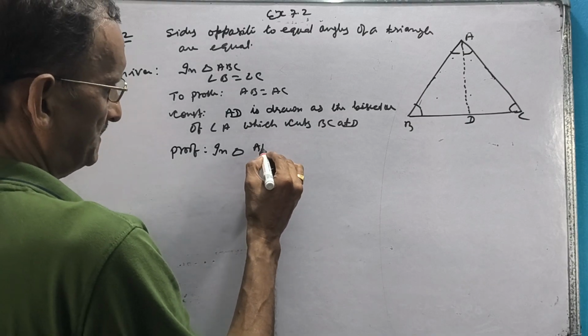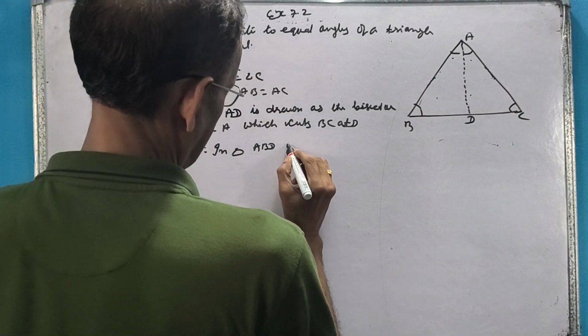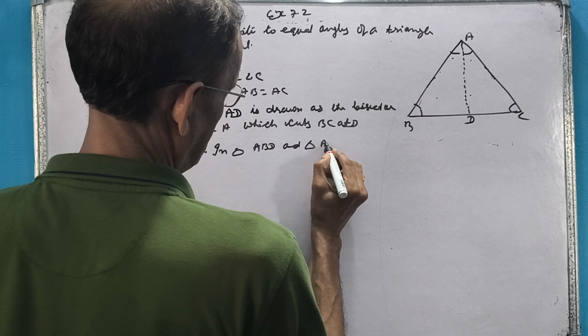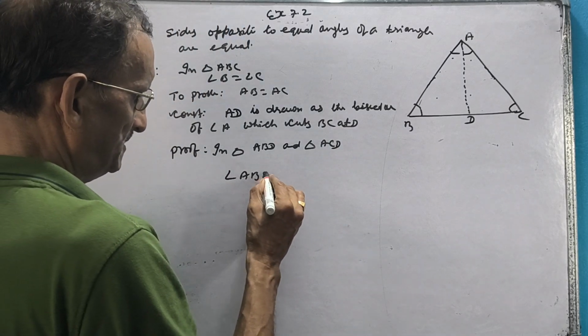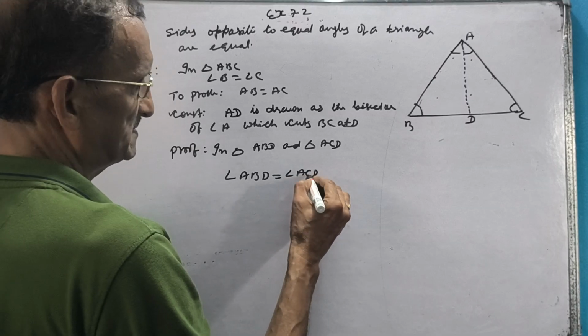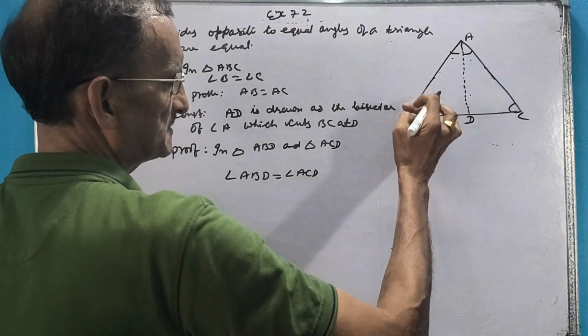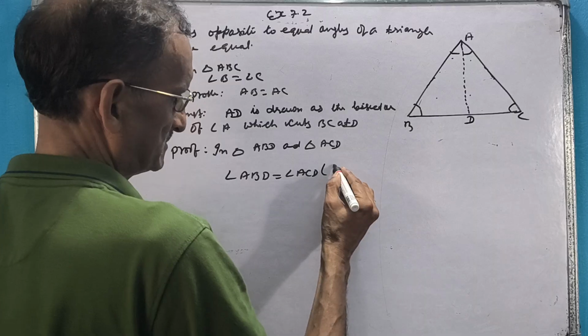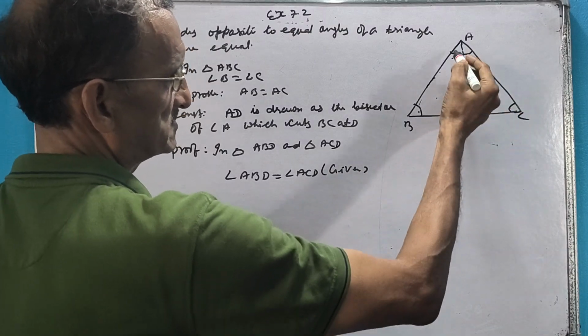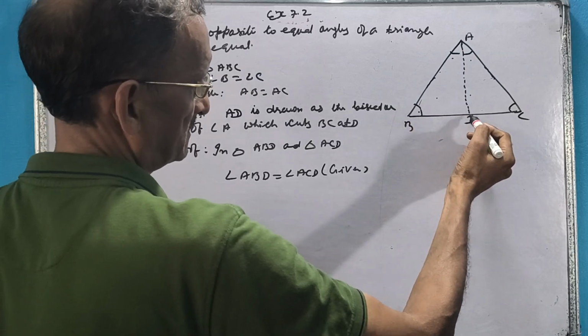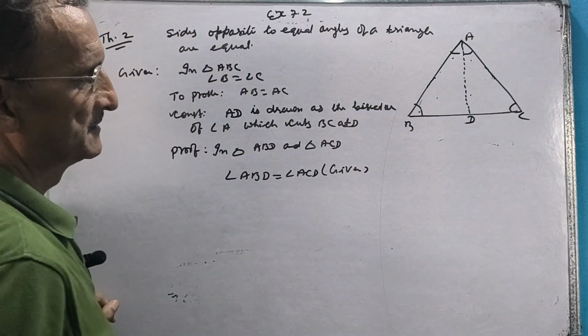In triangle ABD and triangle ACD, we have angle ABD equal to angle ACD. Angle B equal to angle C can be written between ABD and ACD, so you can write given only. We are given angle B equal to angle C. So this angle is angle B, angle ABD, angle ABC, anything.